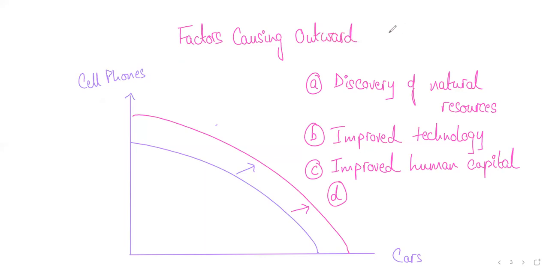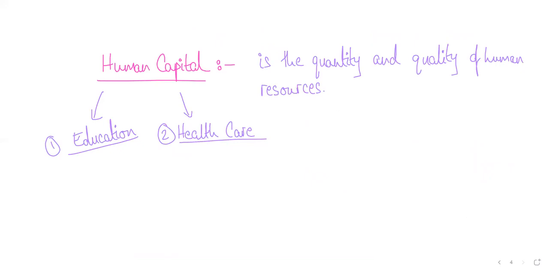Any other factor that comes to your mind apart from the ones we have already listed? So far we've talked about discovery of natural resources, improved technology, and improved human capital. Human capital is the quantity and the quality of human resource available in a country, which is affected by two basic things, education and healthcare.